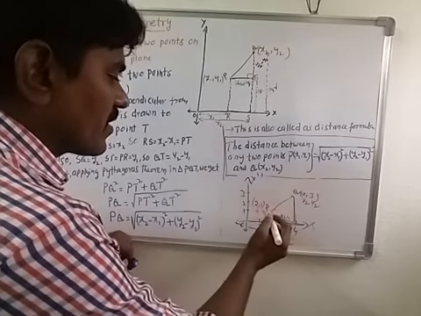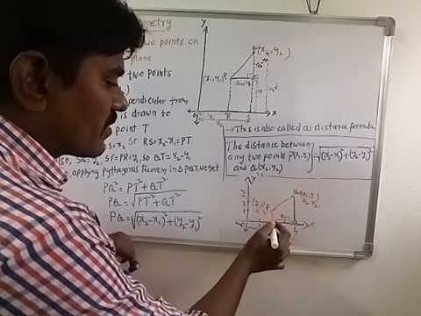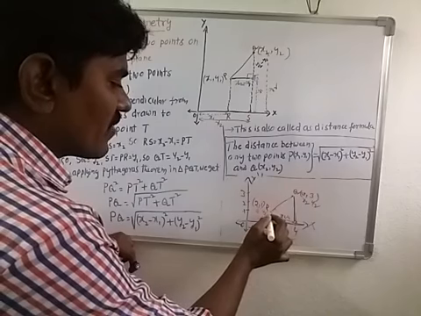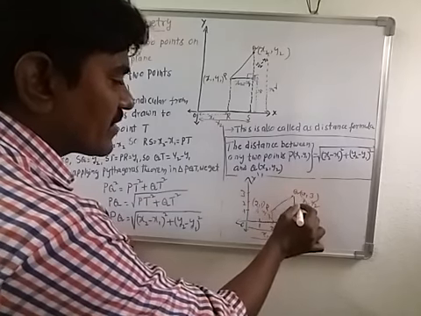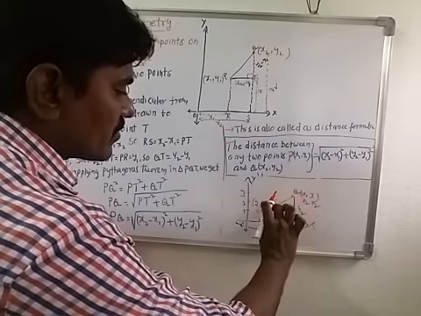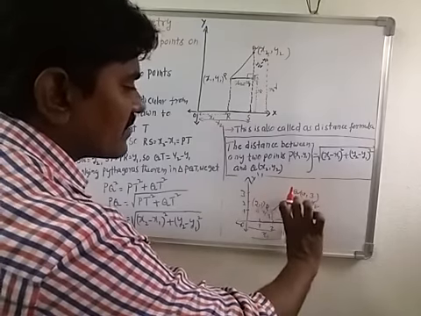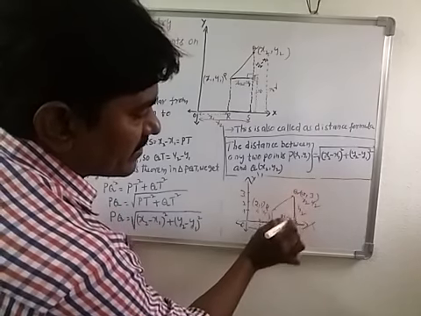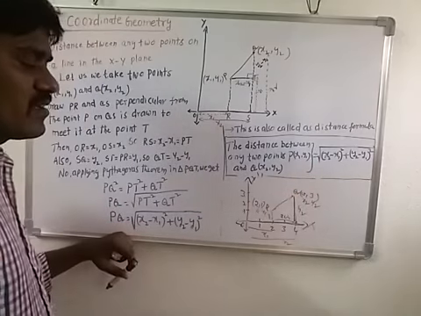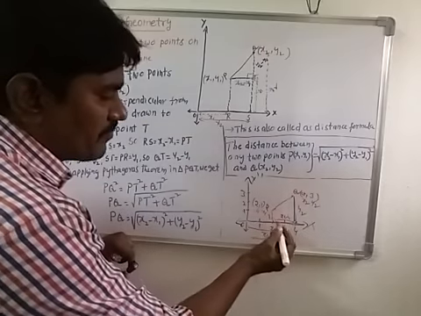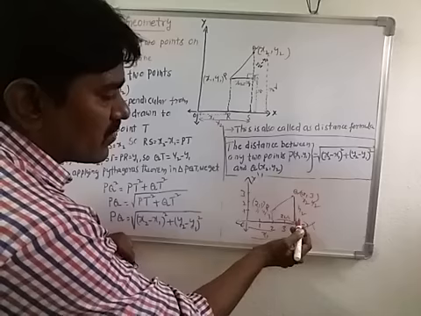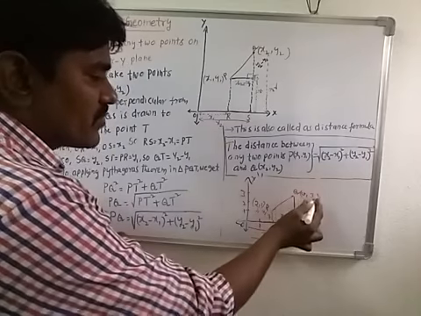And here to here this is y1, here to here this is y2. y1 is 1, y2 is 3.